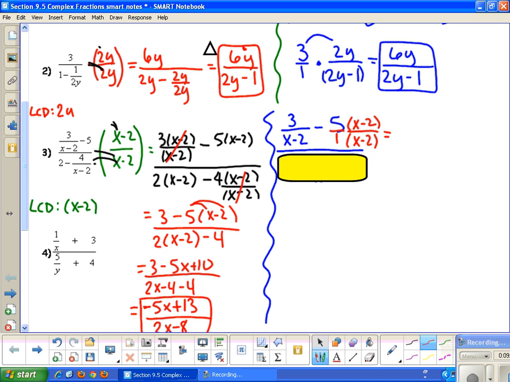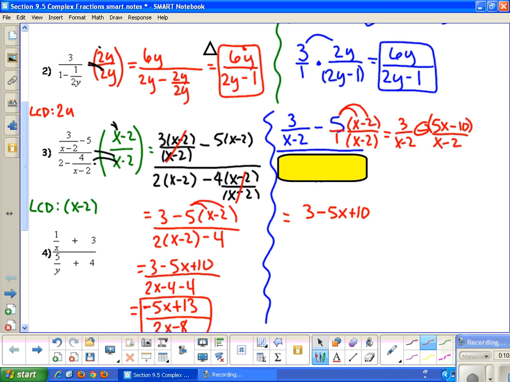So when I do that, I get 3 over x minus 2, and then that 5 is going to be multiplied by both of these, so minus, and don't forget that negative goes with the 5, so minus, and then we have 5x, and then 5 times 2 would be minus 10 over x minus 2. So really, we're going to have to end up distributing that negative, which we'll do in just a second. So if I come down here, I'm going to write, we have 3 and then minus 5x plus 10.